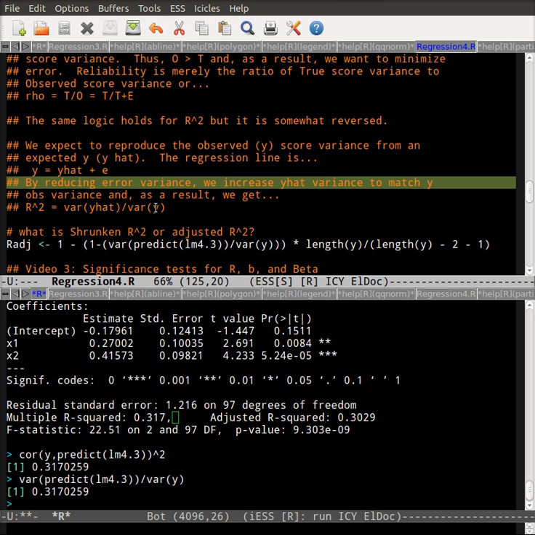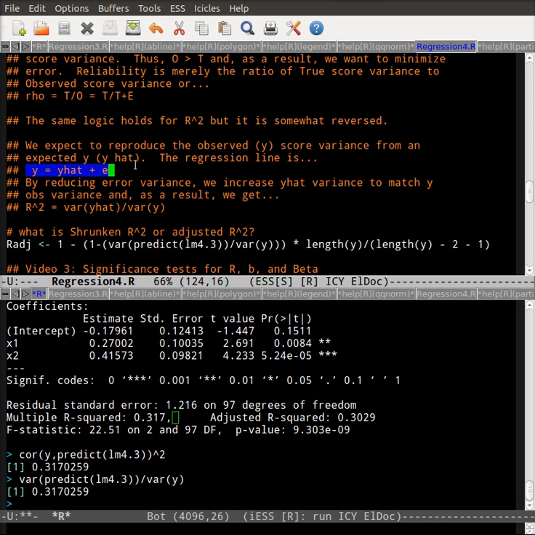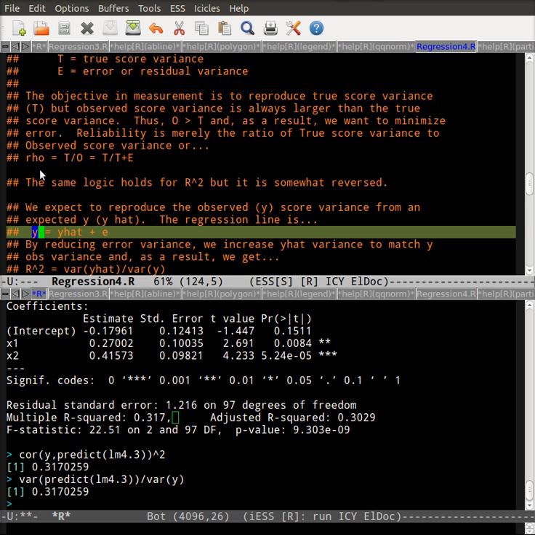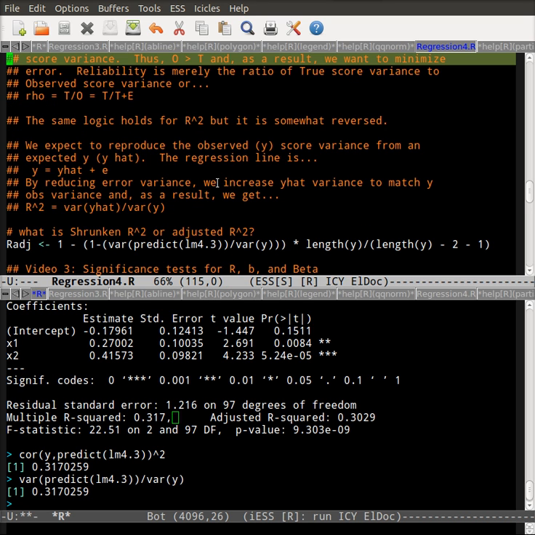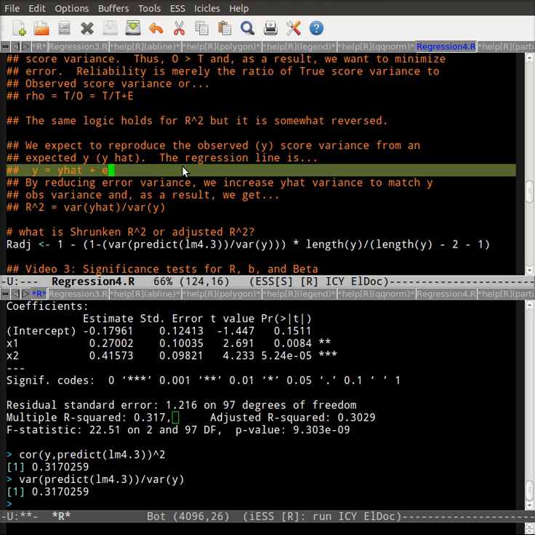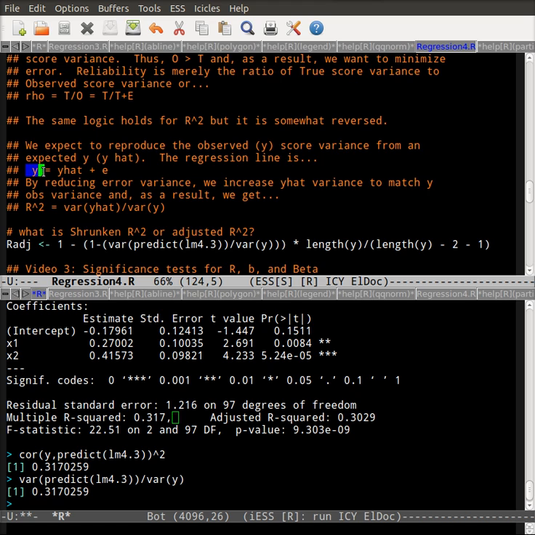Ideally, we would like to be able to replicate the observed score variance, and so R squared is exactly the opposite ratio of what we had before, but in the same line. Here we have y observed, and we're trying to replicate the observed score variance. Remember, there we're trying to replicate true score variance, but the true score really comes in regression as the observed scores, our criterion, and our observed scores are always y.